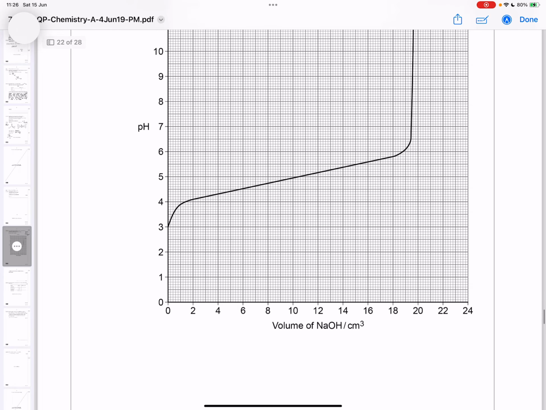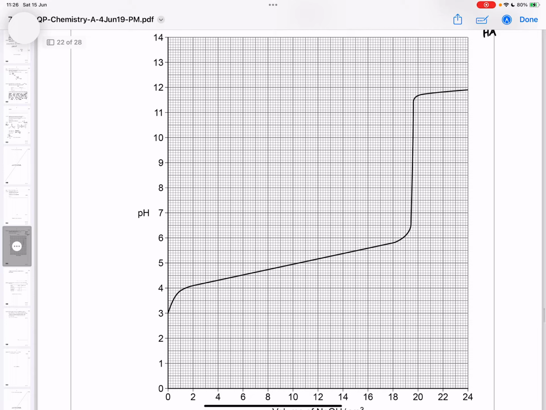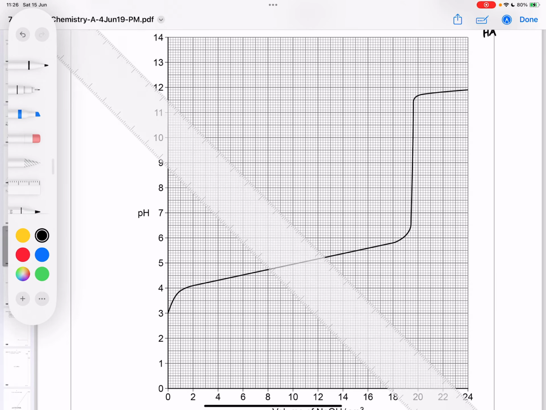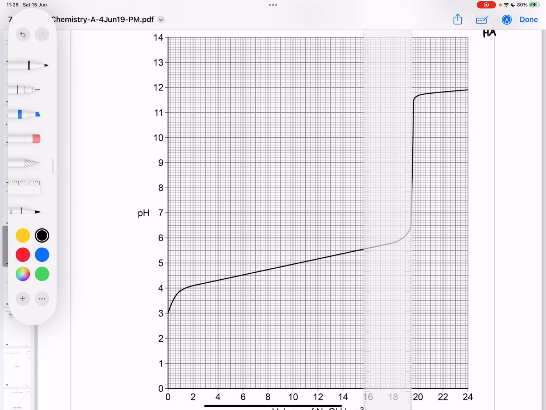Okay, so this is using some knowledge from the required practical that the Ka value can be found from the pH at half equivalence. So the first thing I'm going to do is find out where equivalence is. So I'm going to go to the centre of the straight line, and I'm going to read off.